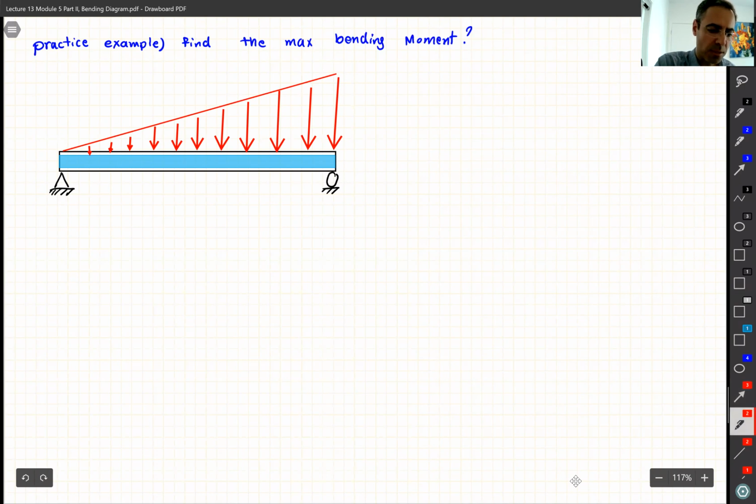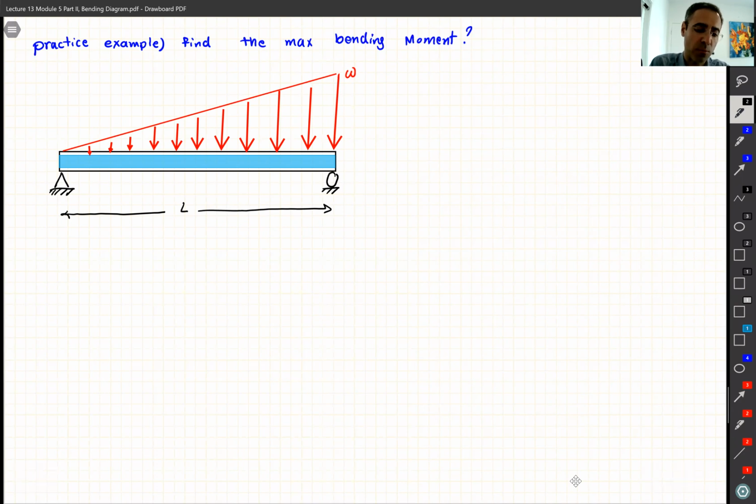So this time it is W, and the length of this beam is L. Is it clear? So this is what we want to find out. We want to find out the maximum value of M, and also we want to find out where it happens. Like we want to find out X.